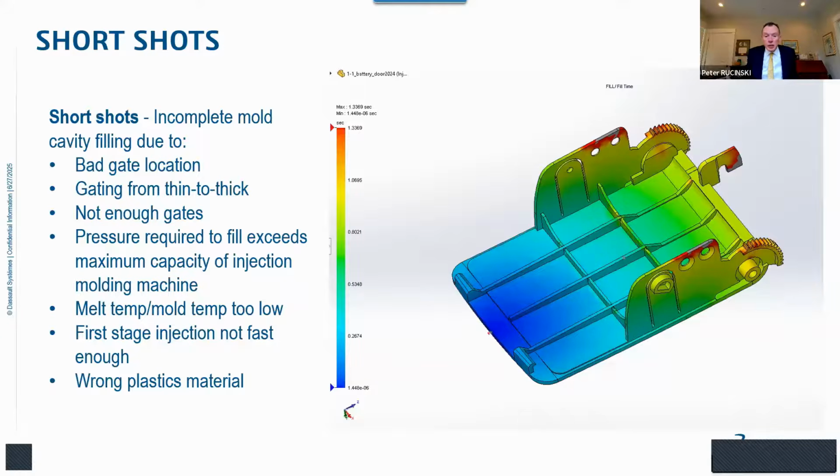Could be that we're just using the wrong plastics material. What I mean by that, if we take polypropylene as an example, we can have very high flowing grades of polypropylene. We can have medium flowing grades, or what we call stiff or low flow grades of polypropylene. Now that's, again, a lot of times simply due to the molecular weight of the material.